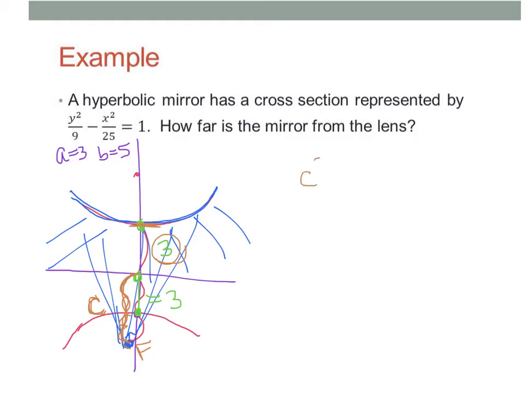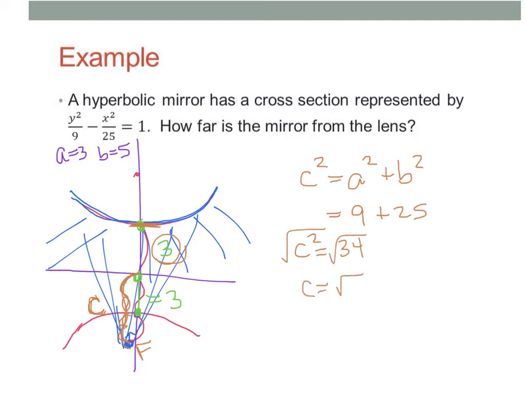So if we use our equation, c squared equals a squared plus b squared, and thus we know a squared is 9 and b squared is 25. C squared is 34. Square root both sides, so c is the square root of 34. So I know this much is the square root of 34, and I'm going to add 3 more.